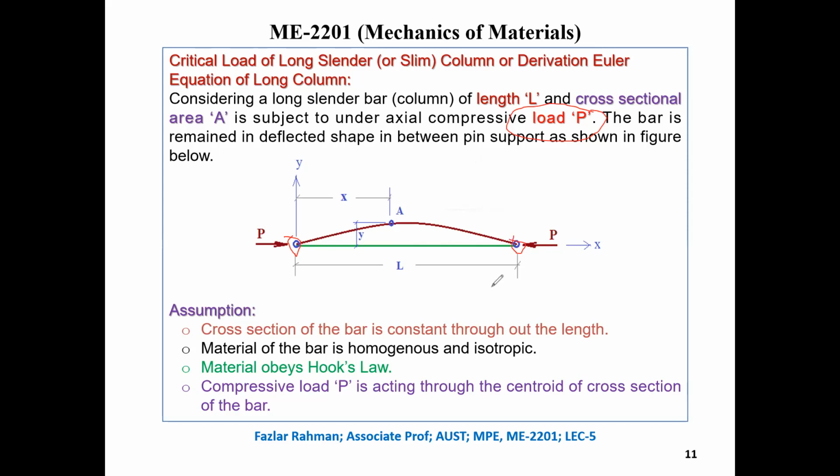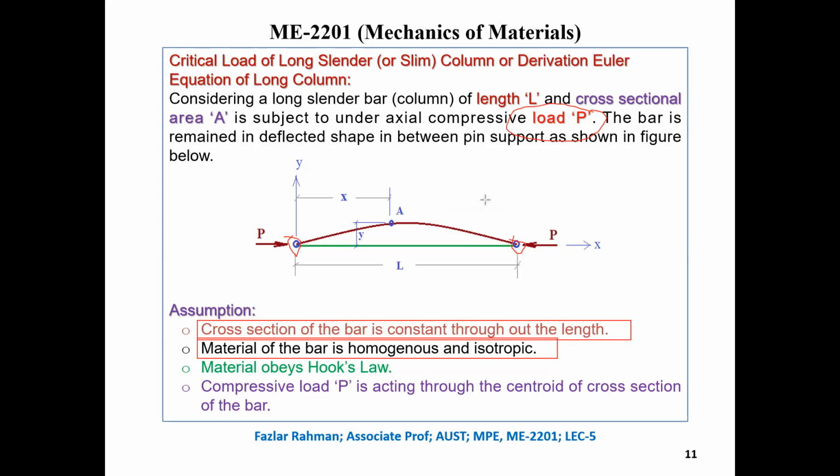Now, what are the assumptions you will make? Number one, we will think that the cross section of the bar is constant throughout the length. That means the bar section is not varying. The material of the bar is homogeneous and isotropic.